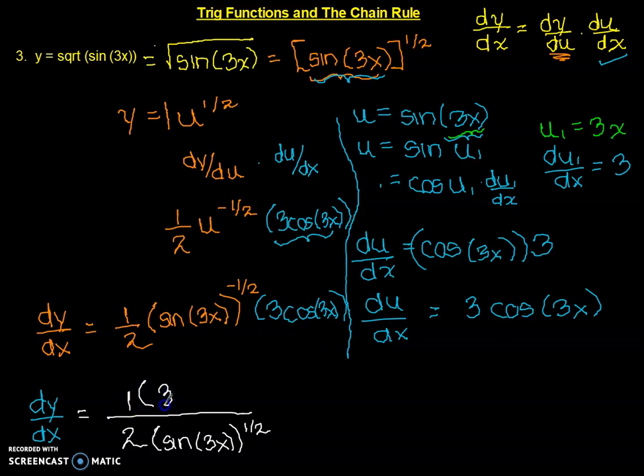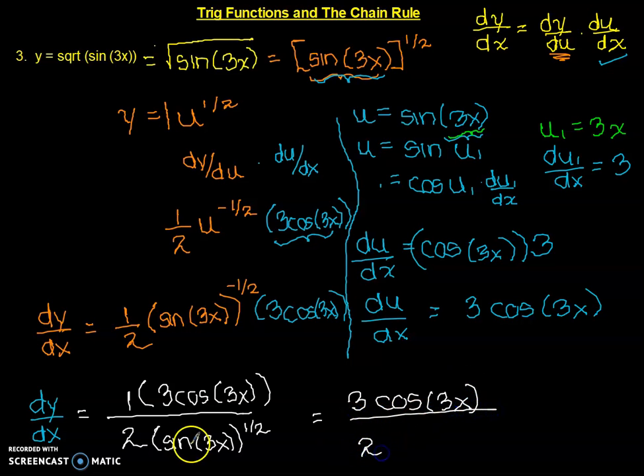It stays in the numerator. And then just to clean that up, I'm not going to leave that 1 there. 1 times 3 is just 3. So 3 cosine of 3x over 2. And remember that this 1/2 belongs to the entire trig function sine of 3x, which means the entire trig function sine of 3x will be in a square root, which is the equivalent of a 1/2 power.